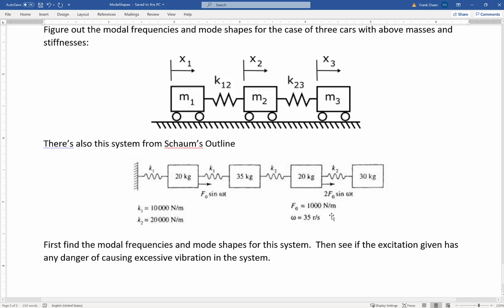So you have 4 modal frequencies, and if you have a modal frequency that is near 35 radians per second, it could be that by forcing this system this way you actually are exciting that mode. So you have to analyze that and see if that's the case.